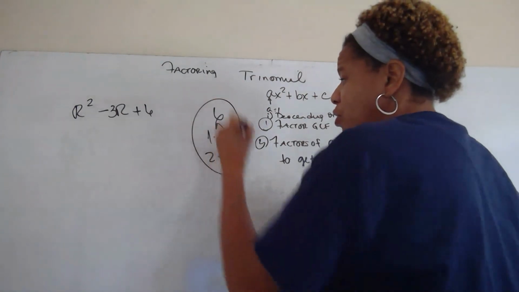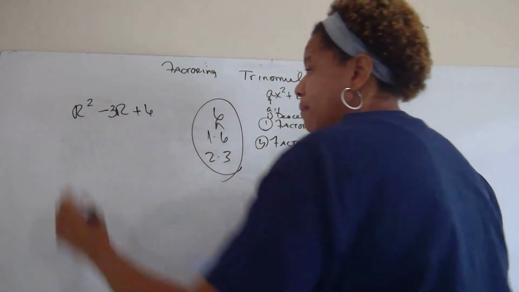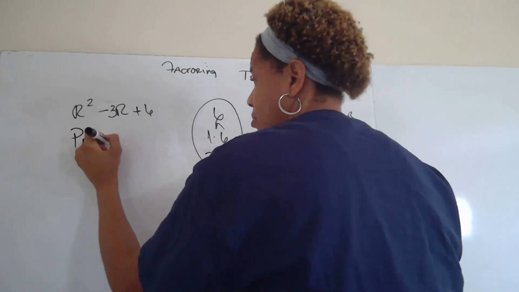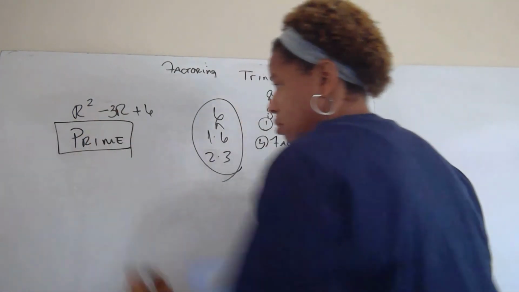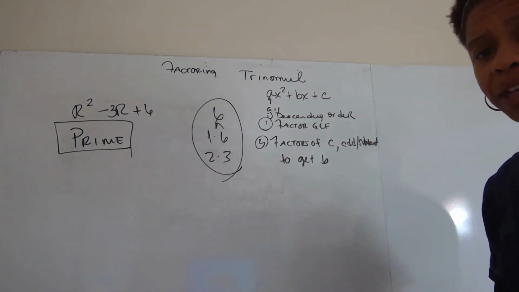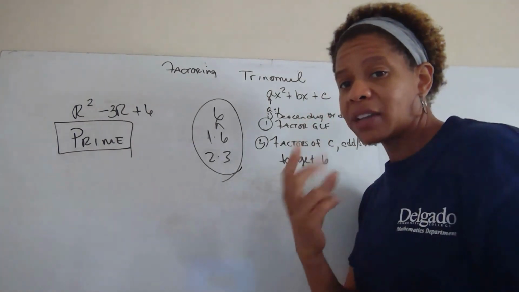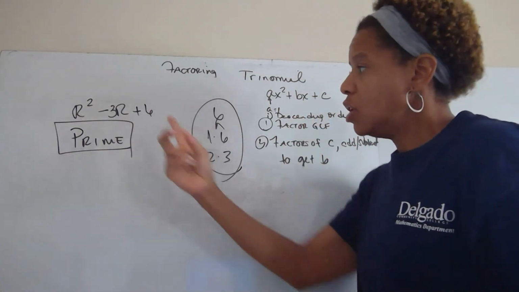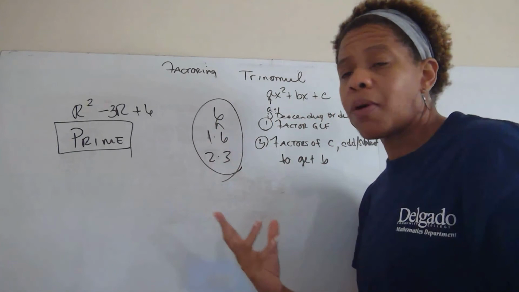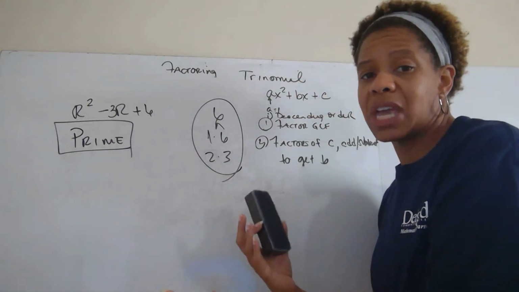So if there are no factors that can create the middle term, that means that this is a prime trinomial, or that it cannot be factored. Something that is prime means it only has 2 factors, 1 times itself. So when we say a trinomial is prime, it's saying that there aren't 2 things that can multiply to create this.